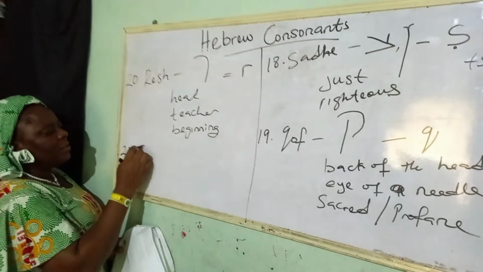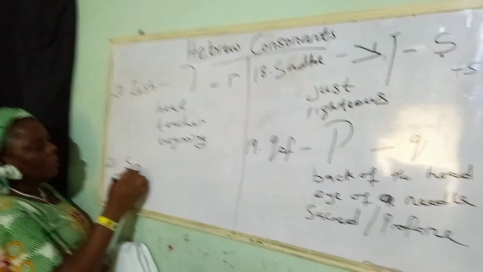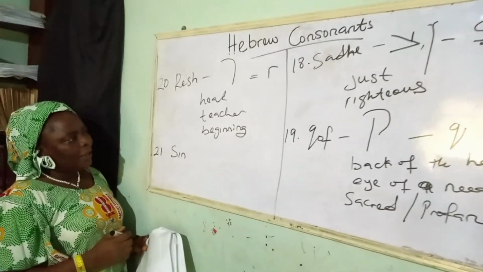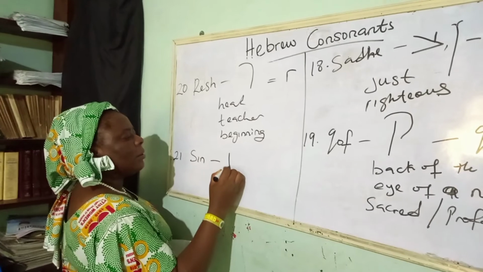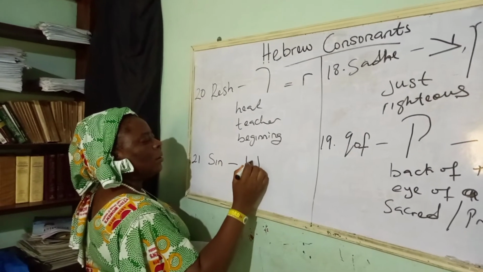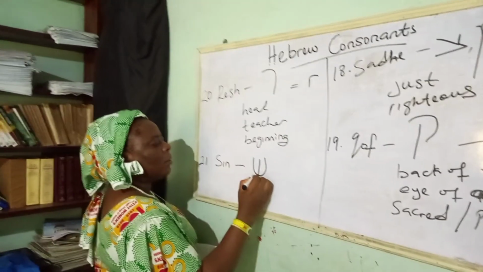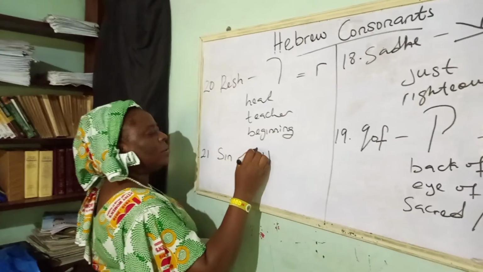The next one is sin. Sin, and it has a dot.